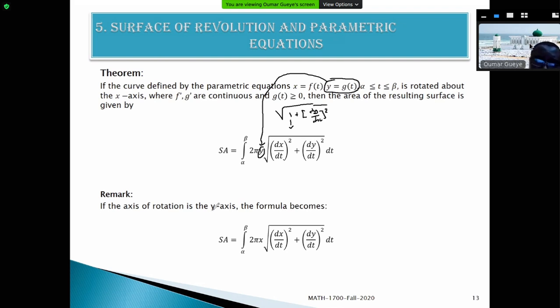And we have the same situation now if we change the axis of rotation. As I told you, when you change the axis of rotation, you need to change the radius. Instead of y, it is going to be x now. And for this case too, when you do the calculation, you substitute x by its equation in order to express the integrand in terms of t only, and you calculate it.